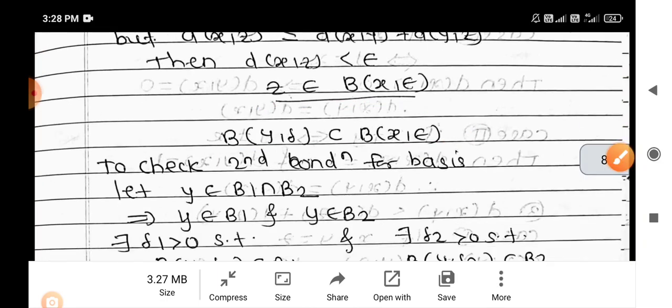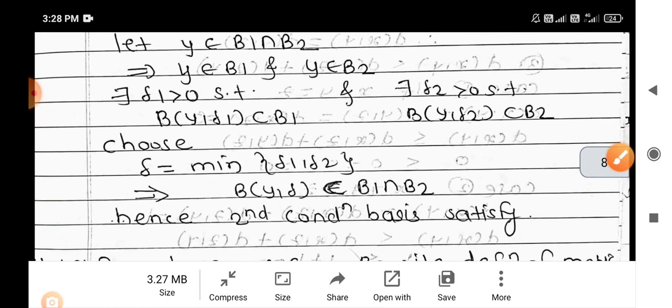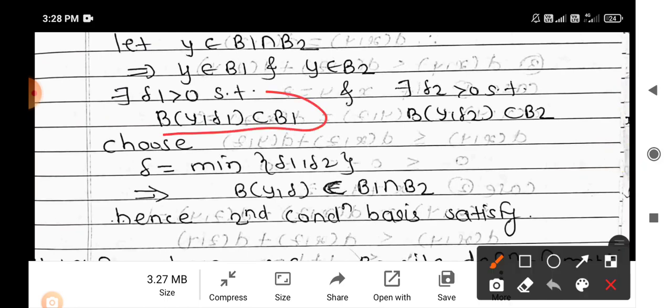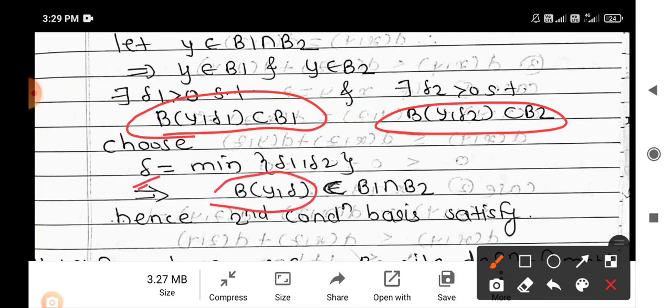So the second condition of the basis is done for the corresponding element y. For y belongs to b1 intersection b2, y belongs to b1 and y belongs to b2. For each basis element b1 and b2, there exists a neighborhood, say B of y comma delta1 is a subset of b1, and B of y comma delta2 is contained in b2. Then we choose the minimum of delta1 and delta2, say delta, such that the open ball of y of radius delta is a subset of b1 intersection b2.